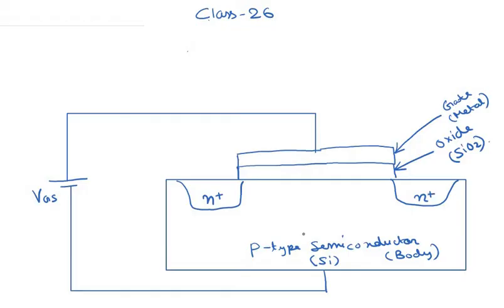This body is basically shorted with this N plus region, which is known as the source. And then between this source and the drain over here, we are basically connecting another voltage source, VDS.